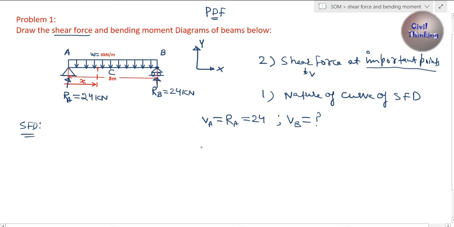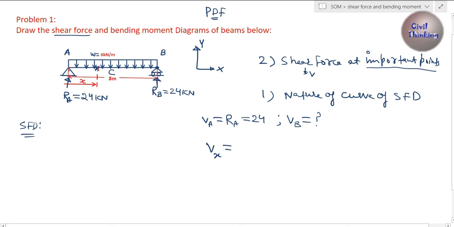x distance. Let me change the color. So shear force at x is equal to, of course, at x, if you look at the left side of this point, you will see two forces. One is the reaction at A, which is to the left, and also there is some part of the UDL up to this point.